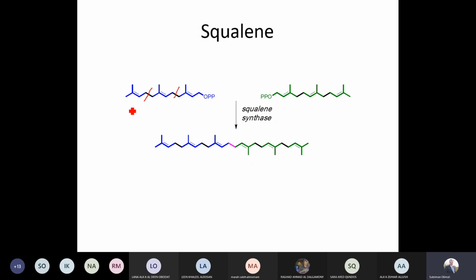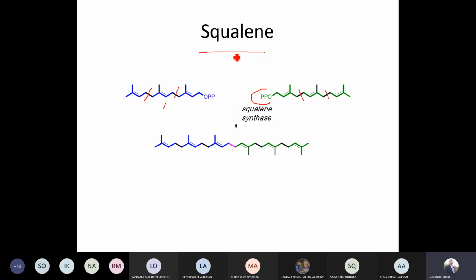Here we have our farnesyl pyrophosphate, head to tail, 15 carbon atoms, and another one here, farnesyl pyrophosphate again, 3 isoprenyl units, and these react with each other, forming our squalene.